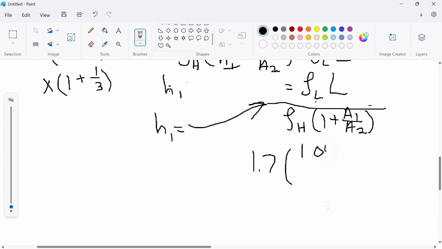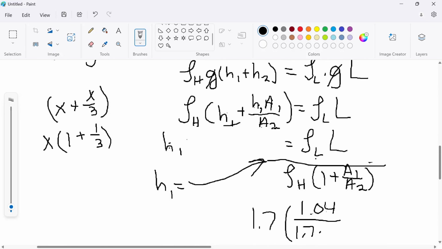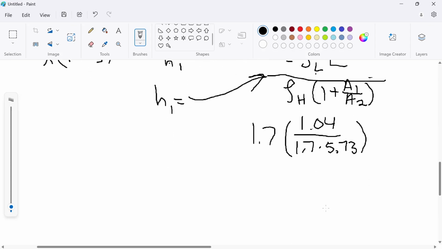So that's the exact value of L. Since I'm just going to add on what I have in Desmos, I won't cancel, but this 1.7 would cancel with that 1.7, so you wouldn't have so much to enter, because it's in the numerator and multiplying and then in the denominator.